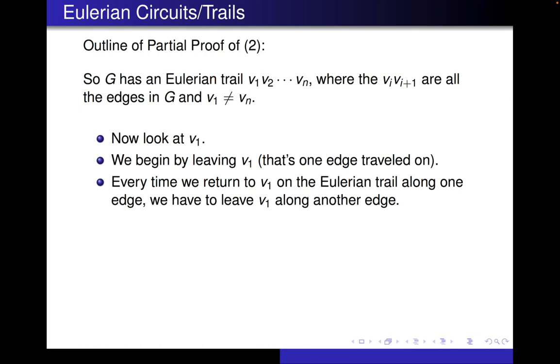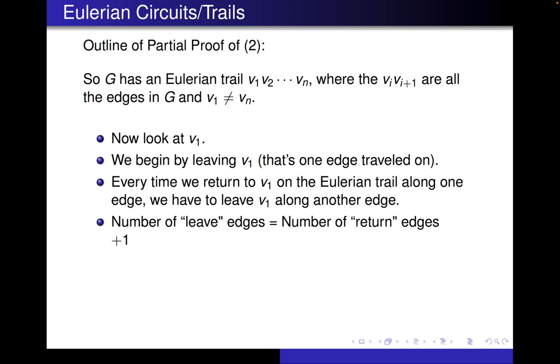And we get again into this pattern where every time we enter V1, we have to leave because we can't end the Eulerian trail on V1. Which means that if we look at the number of leave edges, we have 1 more leave edge than we have return edges. We have that 1 leave edge at the beginning, and then after that, the return edges and the leave edges have to be equal.